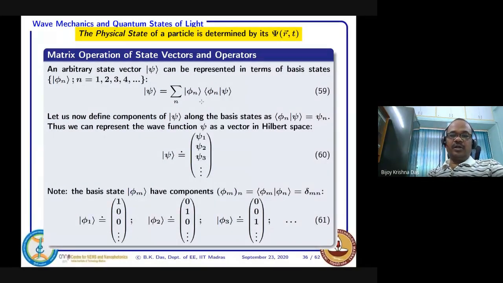So now we know that this wave function, or psi, is called a state vector, and a state vector we can express in the vector space. But if we want to find this psi, we want to represent it in terms of its components. Normally, any vector with components ax, ay, az in 3 dimensions is defined by ax hat, ay hat, az hat.